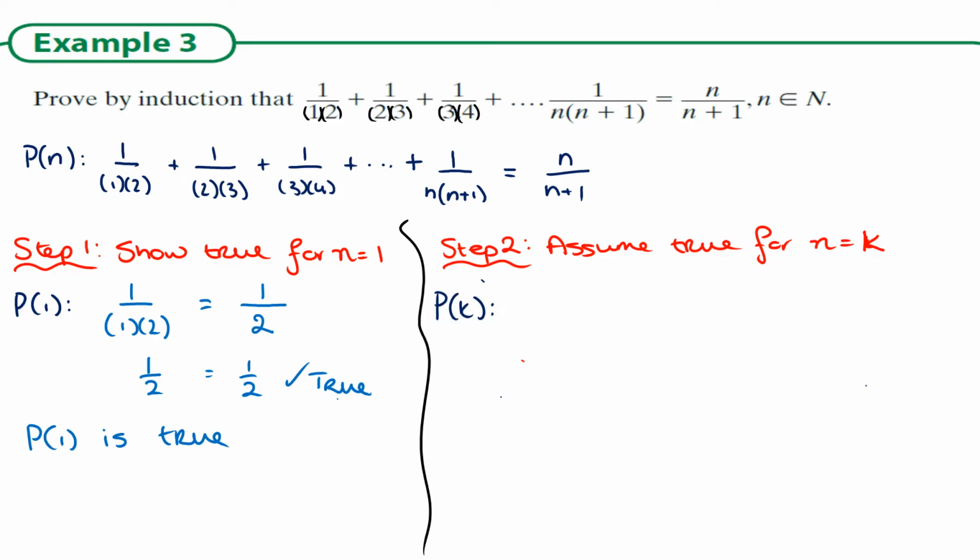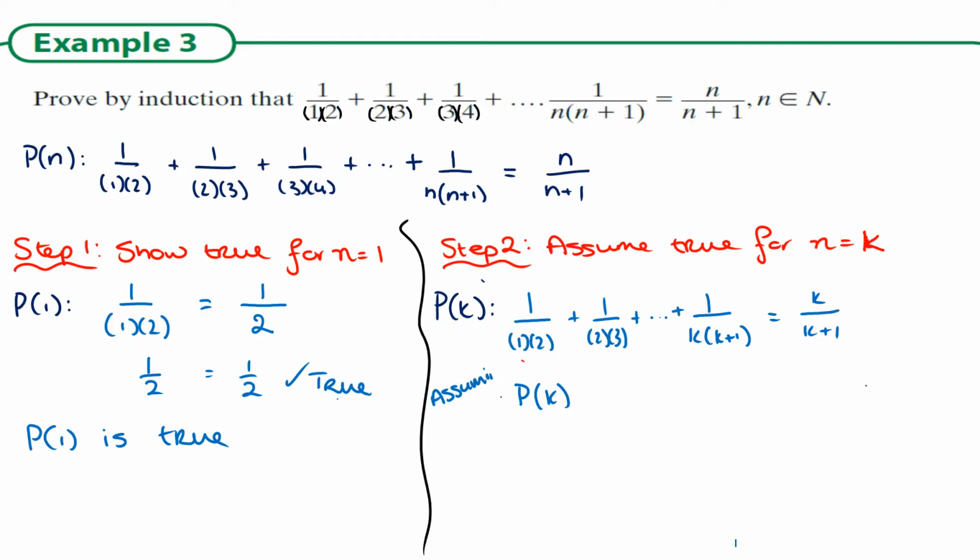And we get 1 over 1 times 2 plus 1 over 2 times 3 and so on, all the way up to 1 over k times k plus 1, and that should equal k over k plus 1. So we're just assuming P(k) is true.